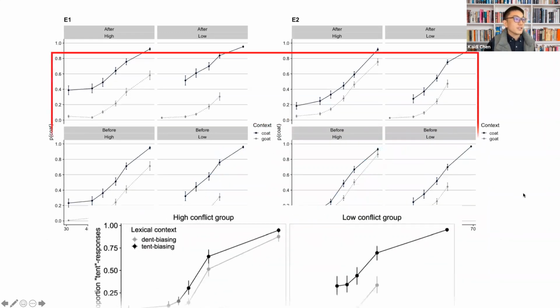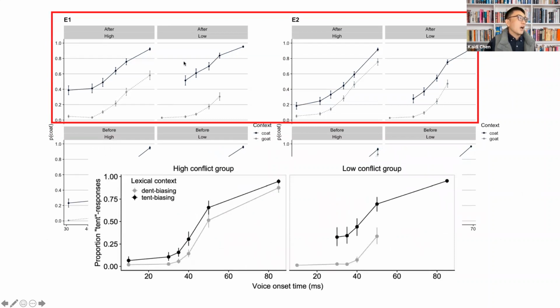So here's a comparison here. This is their study. This is a result of their study. This is the result of our study. So you can see here, their magnitude is very strong, but ours is not that big.